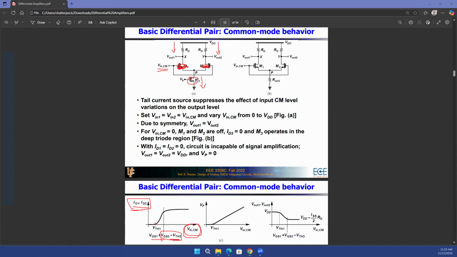The overdrive of transistor M3 is VGS minus VT of 3, right? And that V overdrive is the minimum VDS that you need to have across M3 to make sure M3 is in saturation, because VDS needs to be higher than V overdrive. So V overdrive is the minimum VDS of M3 to make sure M3 is in saturation. And if that's the minimum VDS, you have a minimum voltage at point P, which needs to be equal to V overdrive of 3.